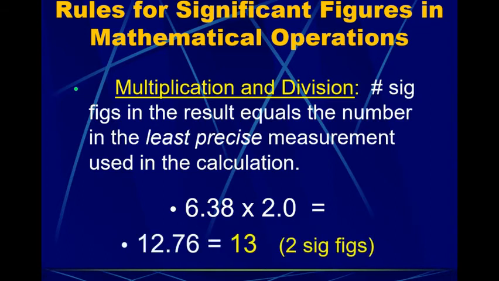Your calculator is going to give you an answer of 12.76. But because 2.0 only has 2 significant figures, I'm going to round my answer to 2 significant figures. 12.76 is not a logical answer based on our measurement tools that we used.